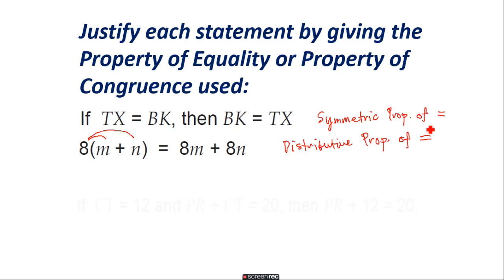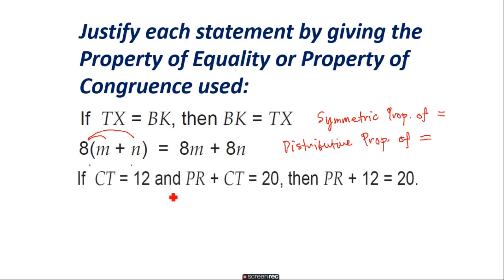Okay, next. If CT is equal to 12 and PR plus CT equals 20, then PR plus 12 is equal to 20. Now, take a look at this. You have CT which is equal to 12, and you have the equation PR plus CT equals 20. And look at that, we have 12 here.